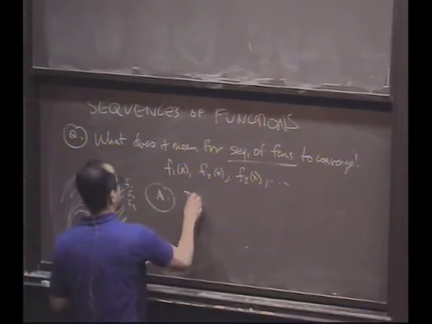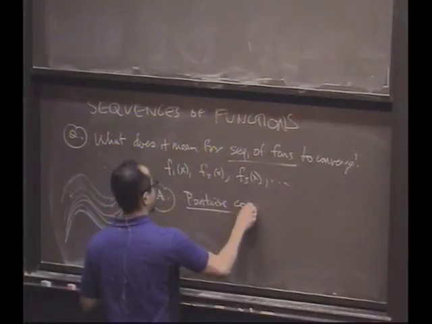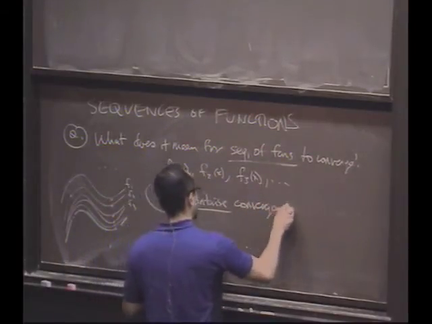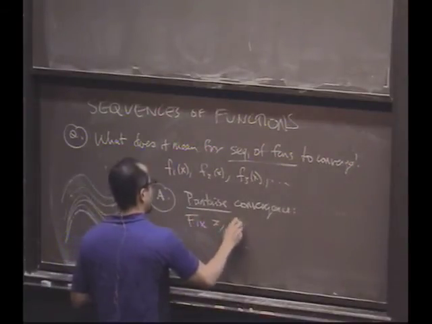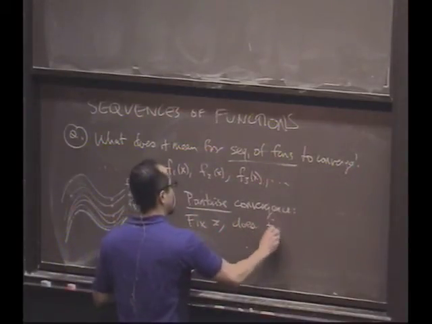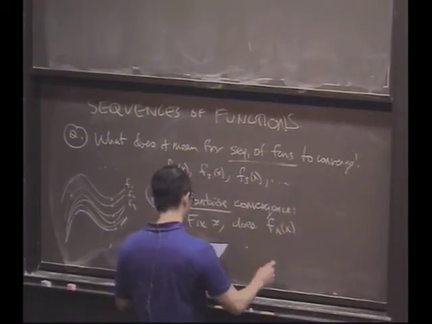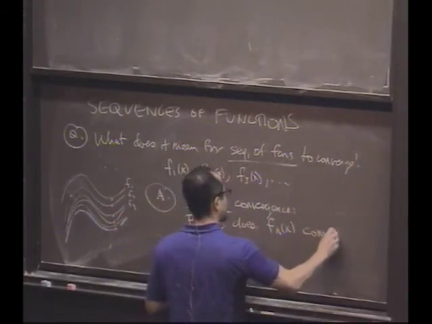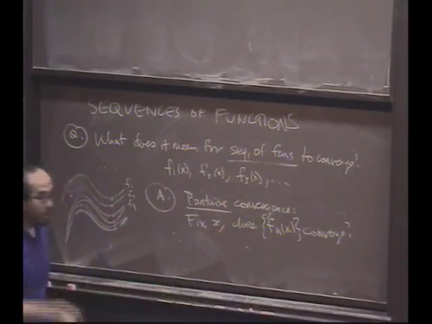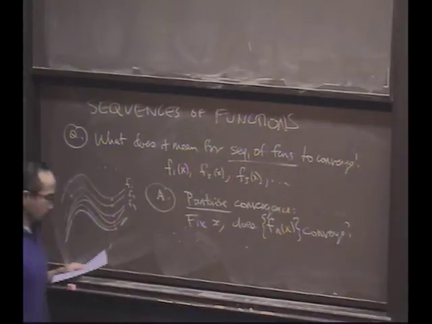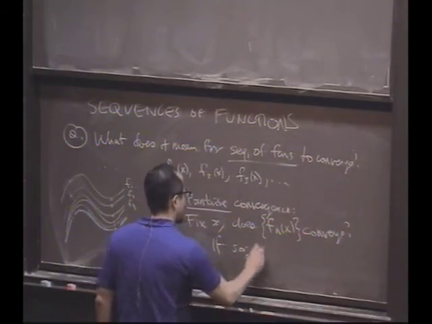is pointwise convergence. This is what we call pointwise convergence. Basically, fix x, and then ask yourself, does fn at x, as a sequence now evaluated at a particular point, converge? If it does, we say it converges pointwise, and we give it a name.